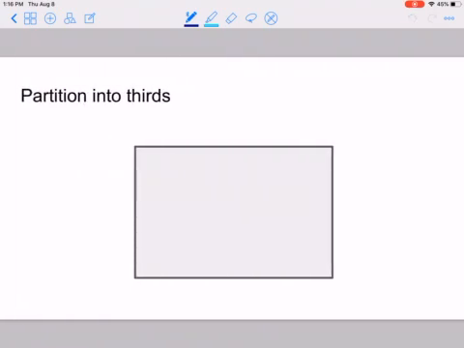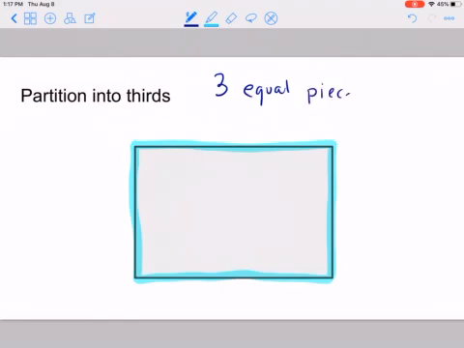Now, let's look at partitioning a whole into thirds. So remember, this rectangle is the whole thing. That's the whole thing. And we're going to partition into thirds. Well, third kind of sounds like 3, right? So thirds, if we partition into thirds, it's going to be 3 equal pieces.